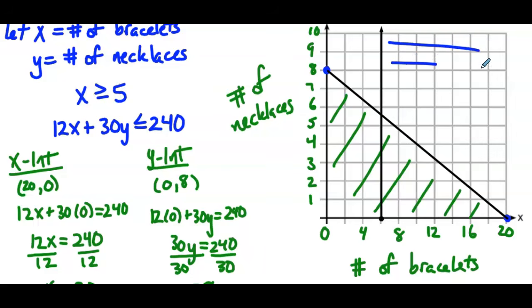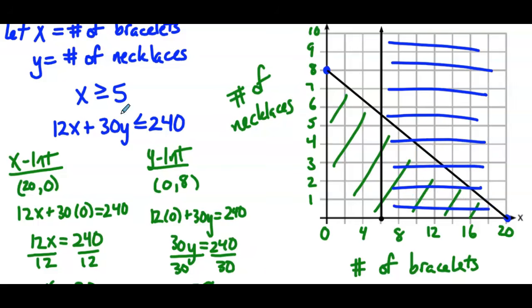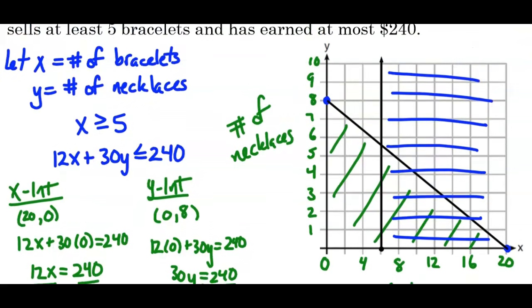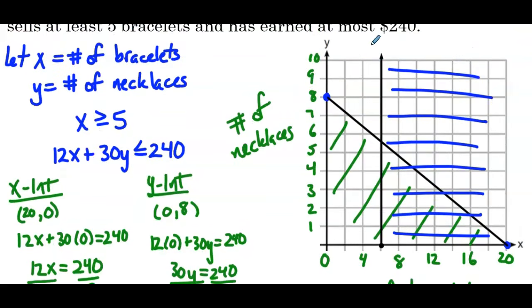So we're going to shade all the points whose x-coordinate is greater than or equal to 5. Now, because we have two inequalities on our graph, we need to label each of them. So we'll label this as x is greater than or equal to 5. And then we'll label here, we have 12x plus 30y is less than or equal to 240.